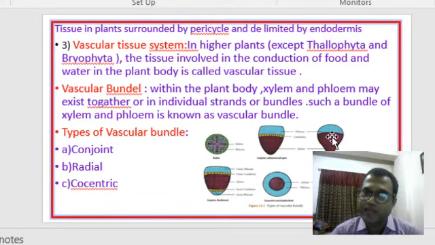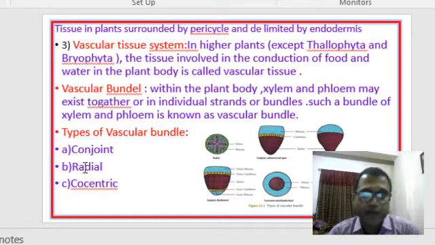Second one is radial vascular bundle. In this vascular bundle, xylem and phloem are radially arranged in between the stele, and xylem and phloem remain on different radii. These types of vascular bundle are found in roots.